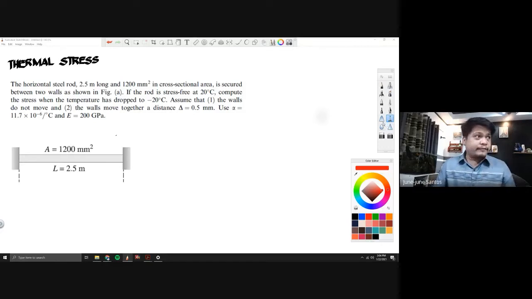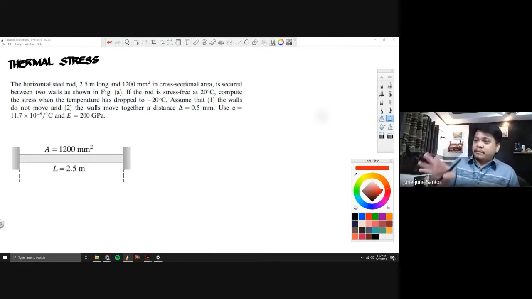This problem is from Pytel, example 2.11. Okay, so papaliwanag natin. So the horizontal steel rod, 2.5 meter long and 1,200 millimeter square in cross-sectional area, is secured between two walls as shown. Okay? If the rod is stress-free at 20 degrees.